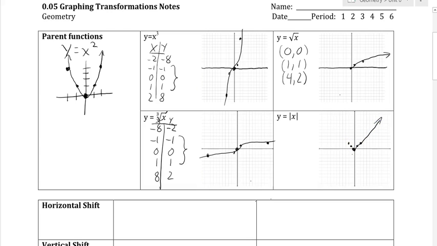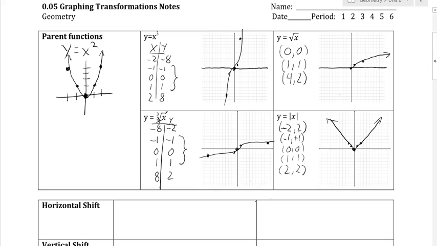Absolute values make negatives into positives, and so we have a V. Let's do points this time, so we have some in point form and some in XY table form. The absolute value takes our negatives and makes them positive. So those are our 5 basic shapes that we're going to move around.